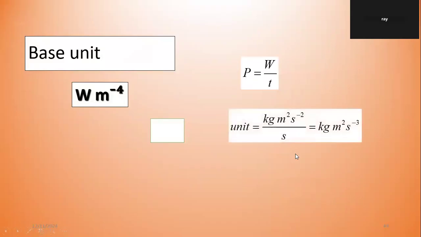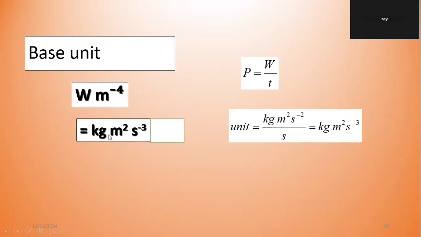Same thing. Right? If you don't know power, you can derive it. Power is energy or work done divided by time. Right? You get kilogram meter square s to the power of minus 3. So same thing there. Right? Energy, that's your power.